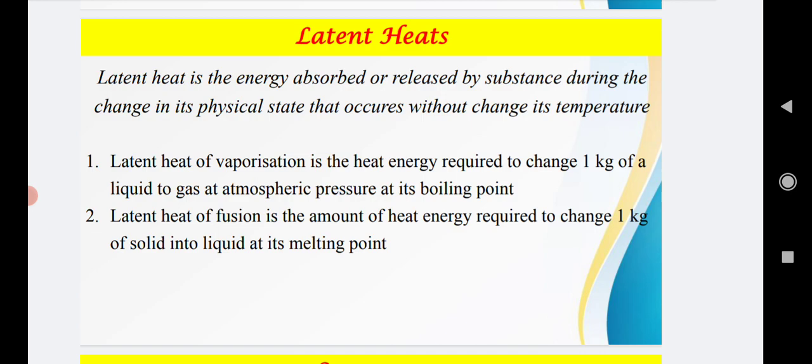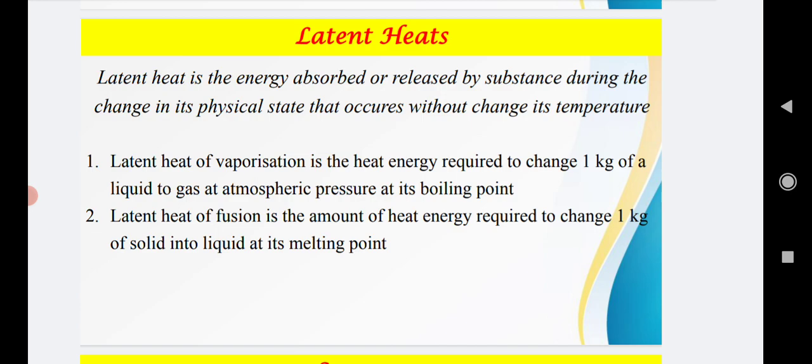Which means, if you convert any substance from liquid to gas or gas to liquid without changing the temperature of that matter, it is called latent heat. So it is the energy absorbed or released by a substance during a change in its physical state without a change in its temperature.